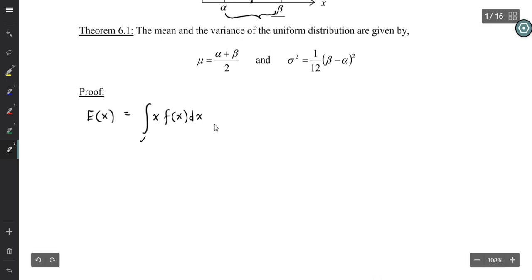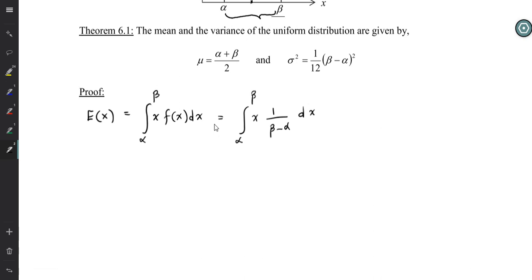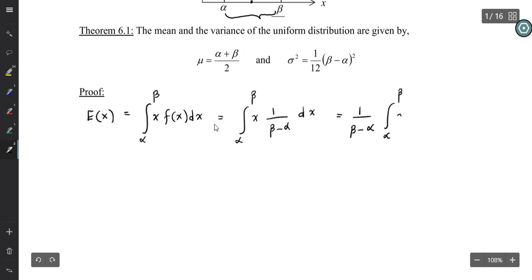Our support is now from alpha to beta. Okay, so let's substitute our function. f(x) is 1 over beta minus alpha. Since beta and alpha are constants, you can take it outside the integration. Then we have the integral from alpha to beta of just x dx.